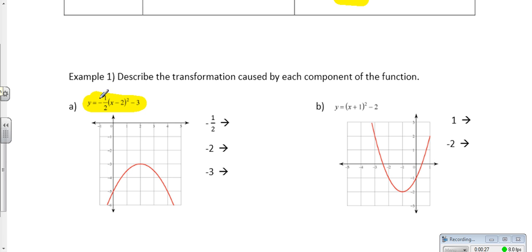Well, the negative 1/2 means it's going to open downward because it's negative, and it's going to be wider because it is a number between 0 and 1. The negative 2 inside the parentheses, so minus 2, means it's going to translate.